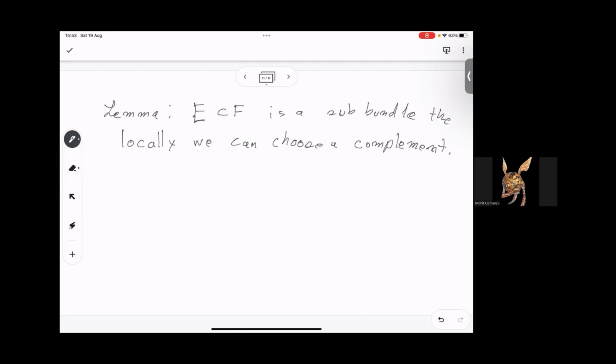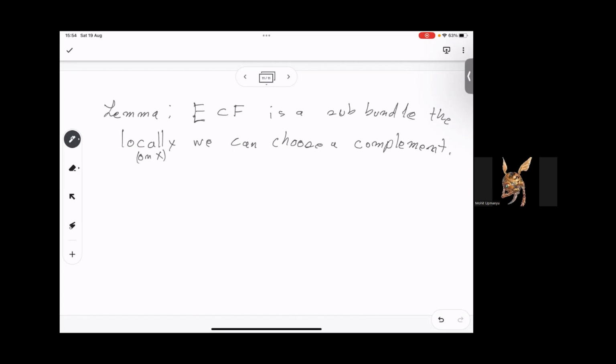If E is a subbundle of F, we can locally choose a complement. Since the aim is to locally choose a complement, we might as well work locally on X. What do we mean by complement?